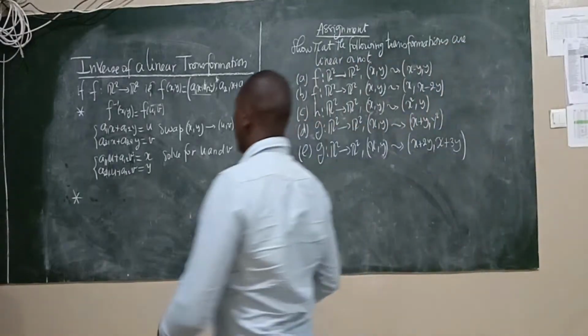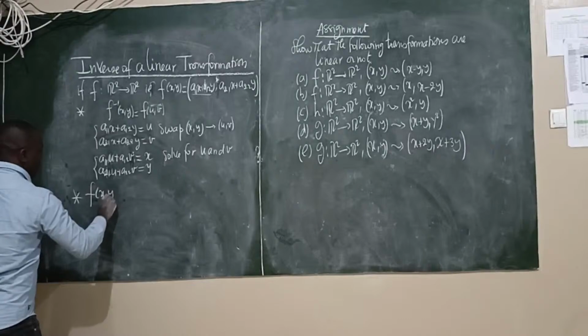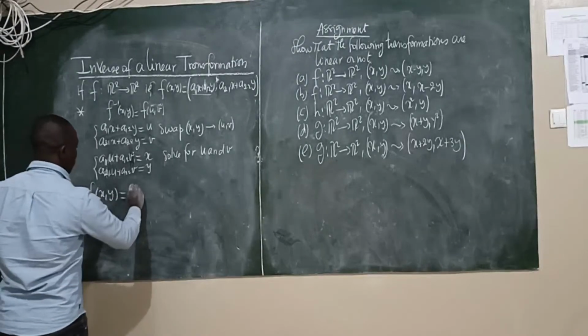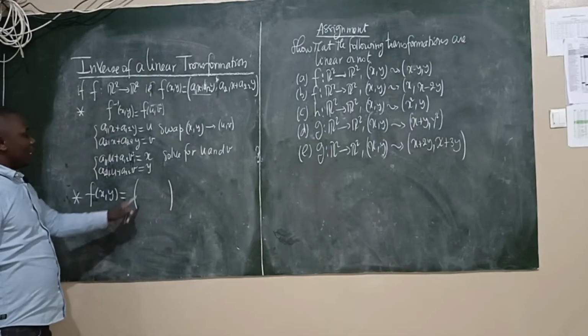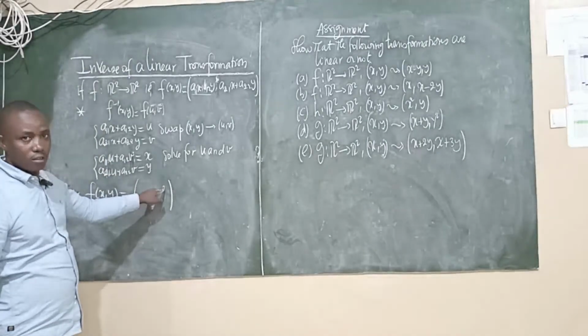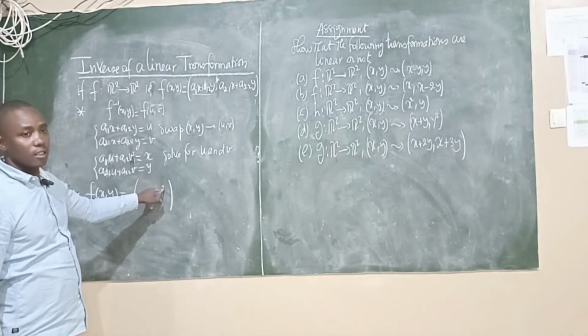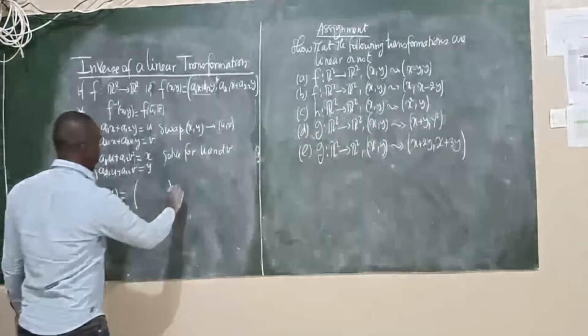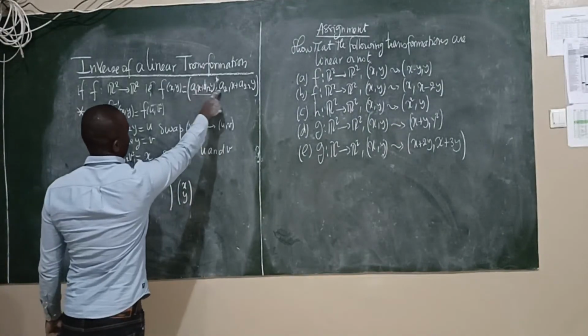Okay, we assume f of xy is written like this. Here is going to be a matrix, guys, and this matrix will be multiplied by xy, because here we have x and y.